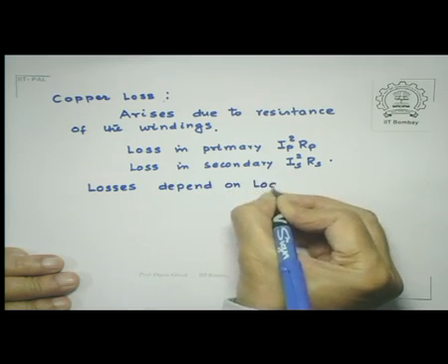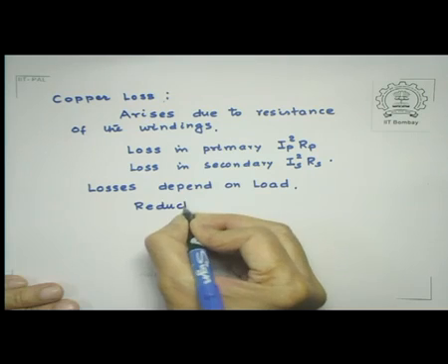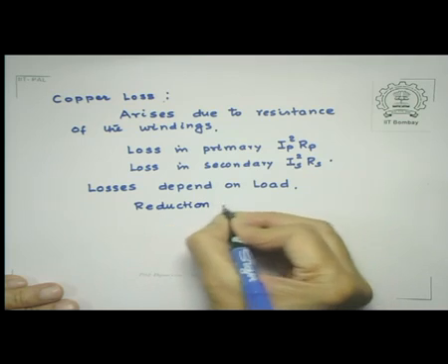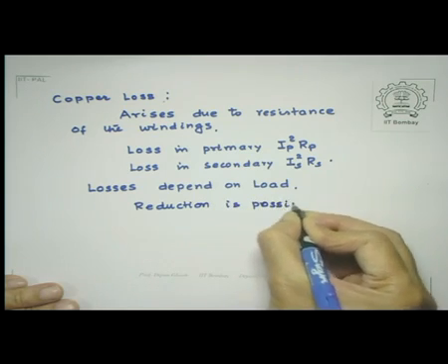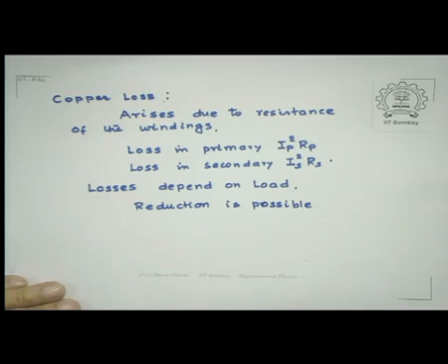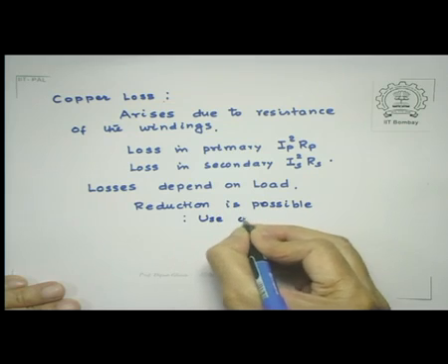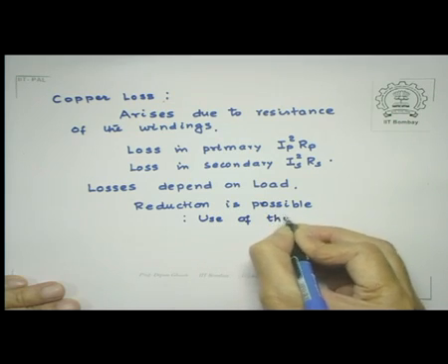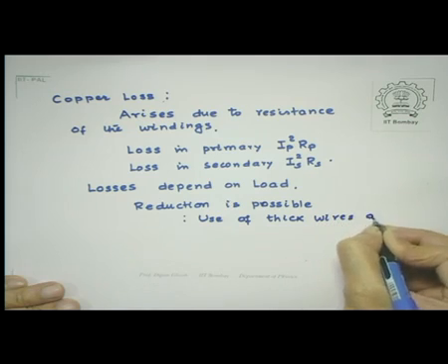Now obviously we cannot completely eliminate the copper losses, but we can reduce copper losses, and the first way is fairly simple. You use very thick wires, so use of thick wires as winding wires.